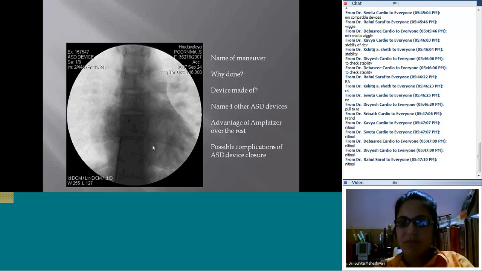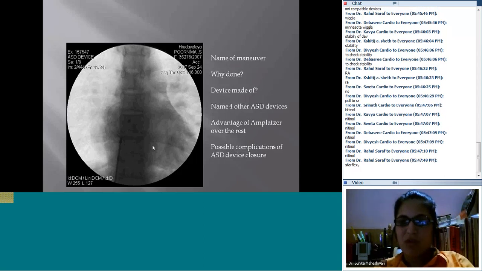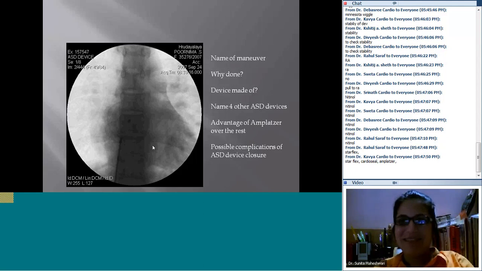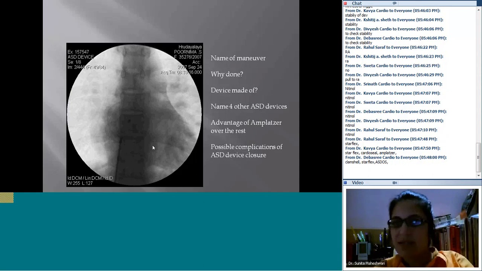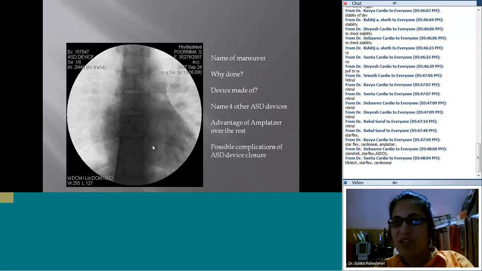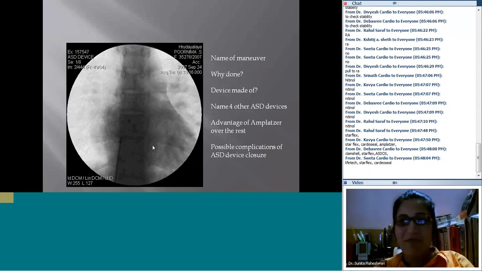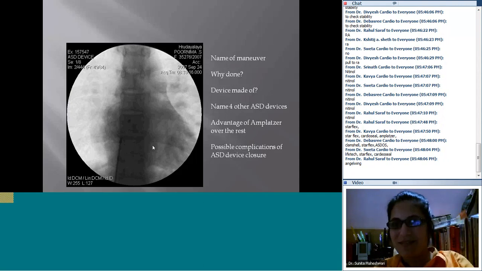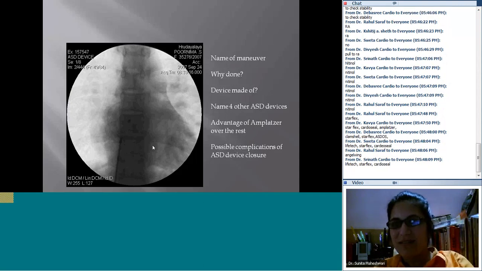I want to see 4 in a row. So Amplatzer is one. Okay, at least name 3 others. Starflex I see here, and CardioSeal. What else? Clamshell, ASDOS. Okay. Life Tech. Angel Wings. What else? Life Tech, Starflex, CardioSeal.